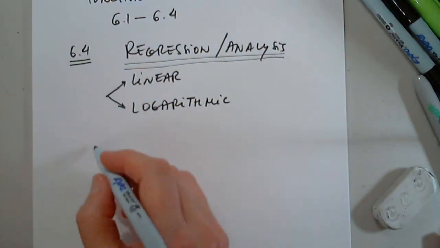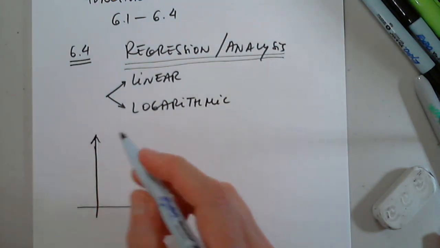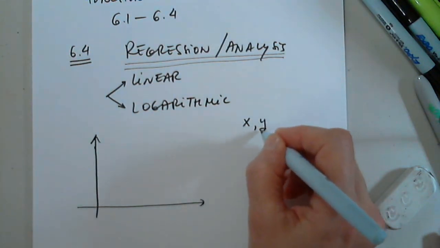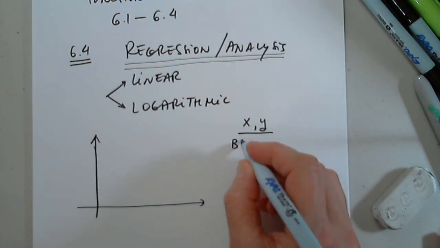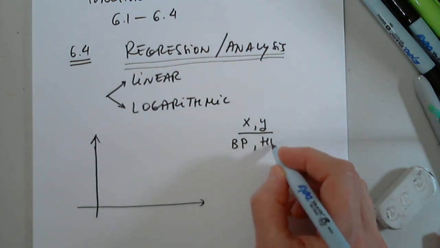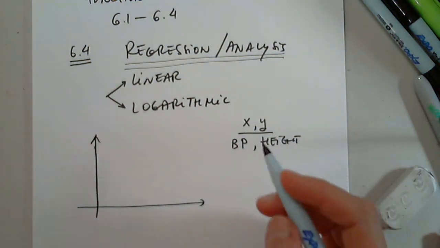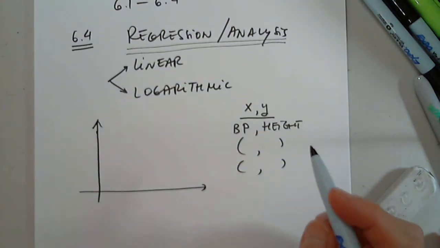So let's suppose we collect data, and data is based on 2 variables, x and y. Let's say I take everybody's blood pressure, and let's say height, or weight, or anything else. But I collect an ordered pair on each and every one of you.